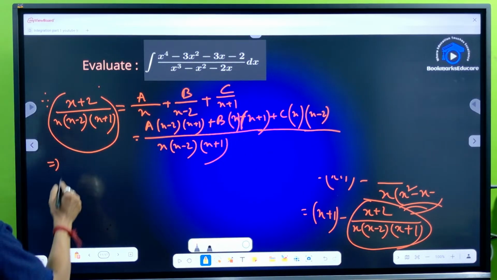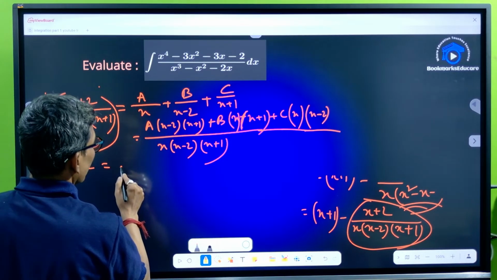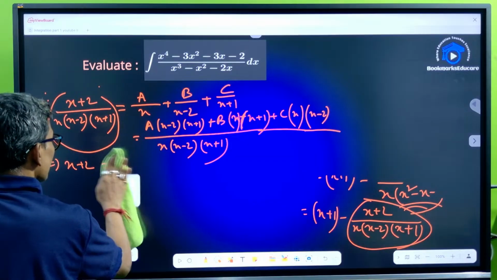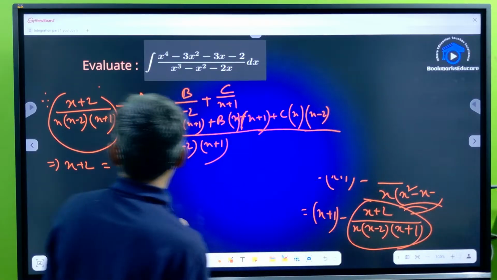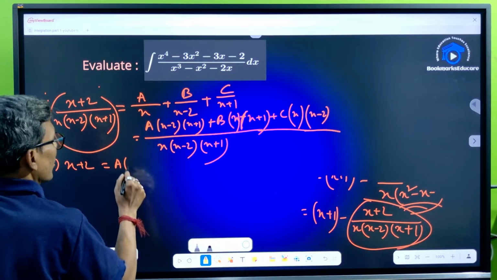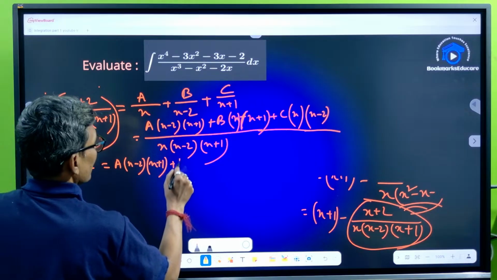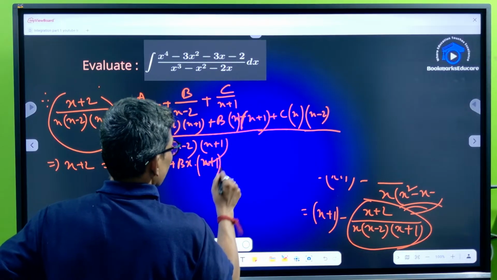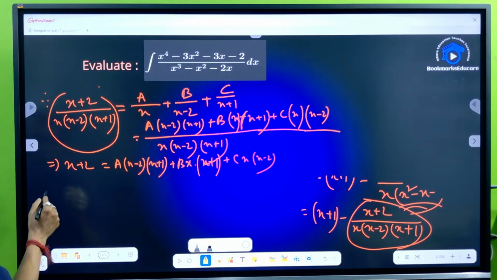Okay, so x plus 2 is equal to a into x minus 2 into x plus 1, b into x plus 1 plus c into x minus 2. Okay, so if we put x is equal to 2, then what we will get?